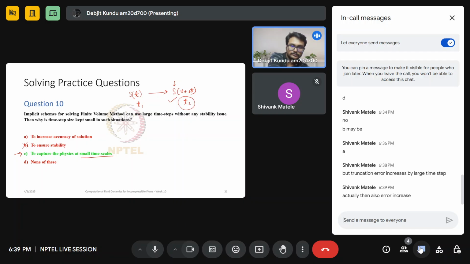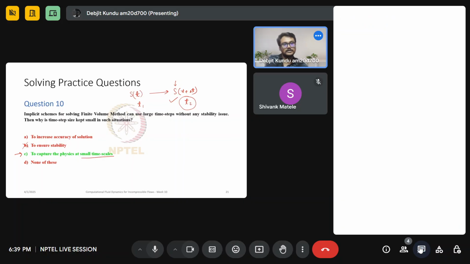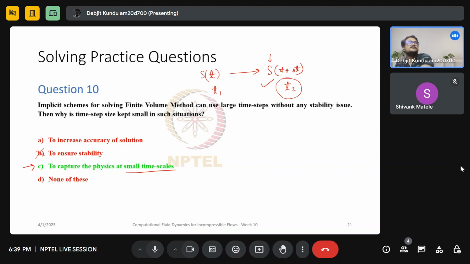Actually, there also error increase. Hmm. Truncation error shouldn't really come in here. Hmm. Okay, I'll think about it, but you could be right that truncation error comes in and that affects the accuracy of the solution.